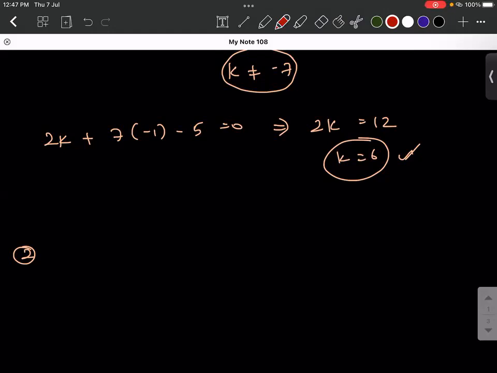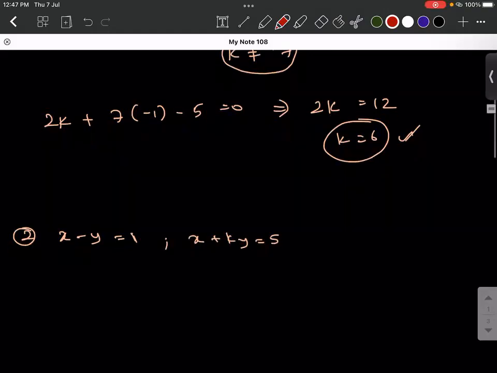Read the question. X minus y equal to 1. Okay. X equal to 2, y is equal to 1. So what is the ordered pair? 2 comma 1. So this will satisfy this equation. So find the value of k, right?